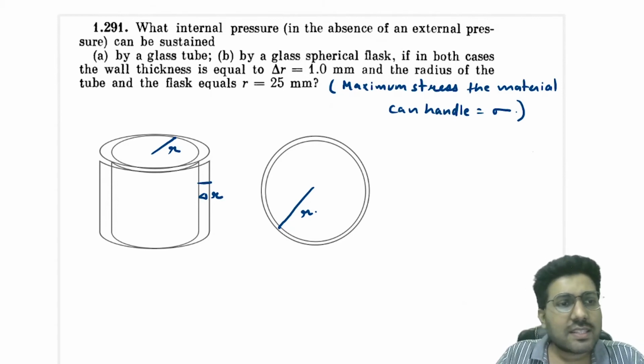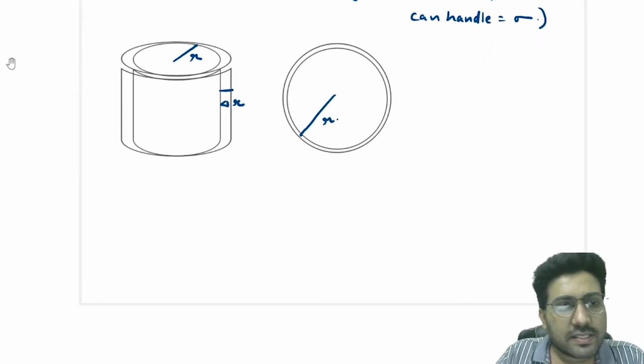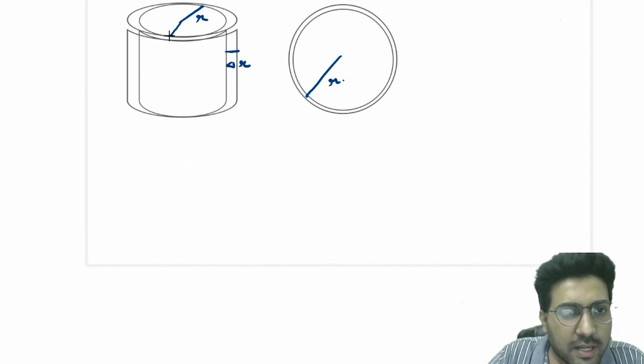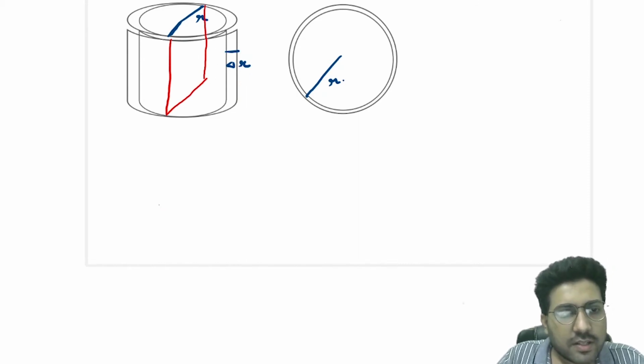So in this question what we will do is, first let us draw this cross section. This will be the cross section for the tube.